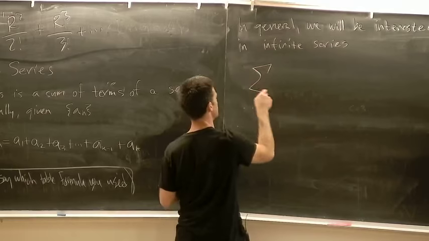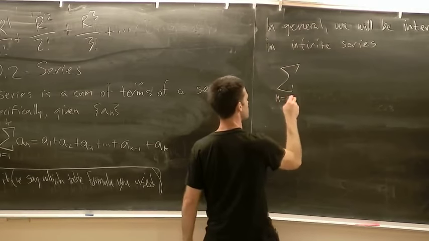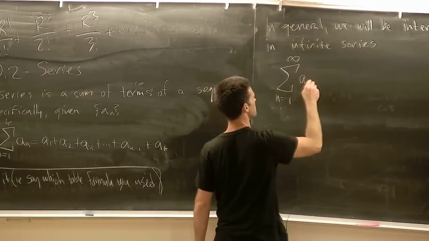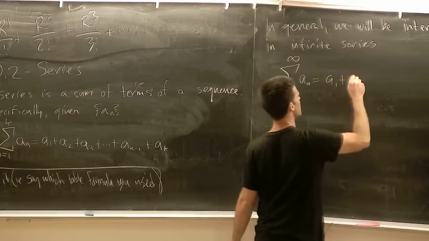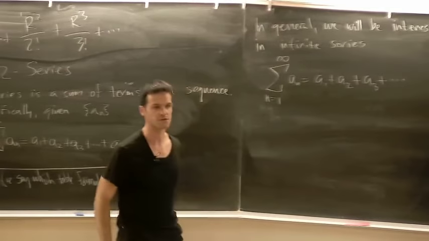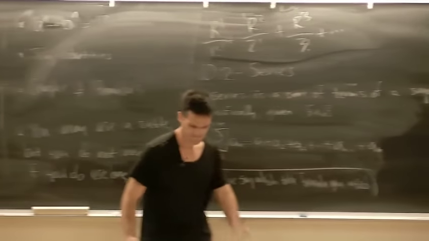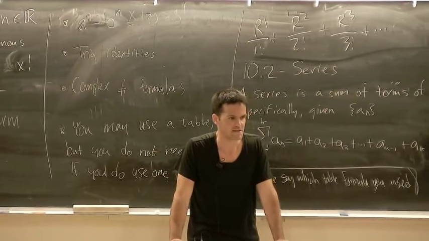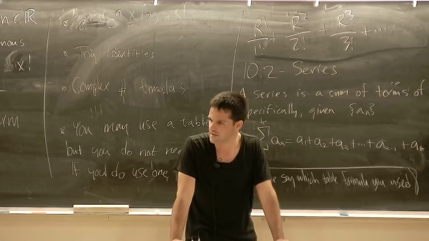Those are written the sum from n equals 1 to infinity of a_n. So that's just a1 plus a2 plus a3 plus ... and it never stops.